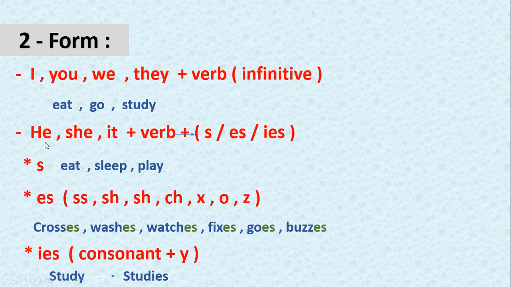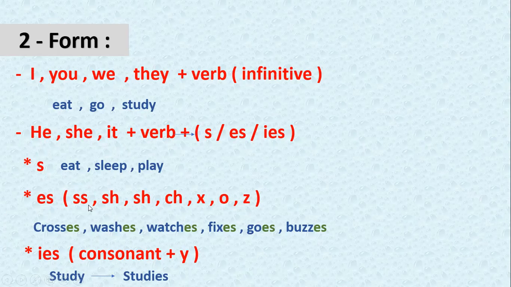By the way, we can change he to be Ahmad, Mustafa, she to be Mona, Aisha, it to be the car, the dog, whatever. All right, so we add es to the verb with he, she, or it when we have any of these endings.